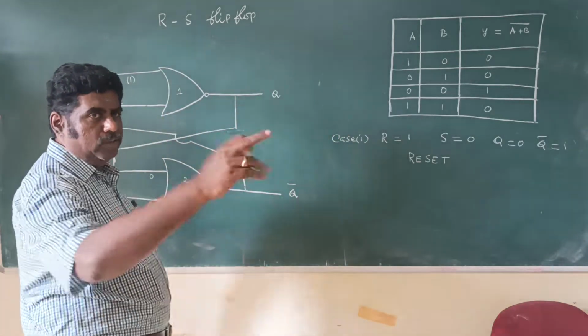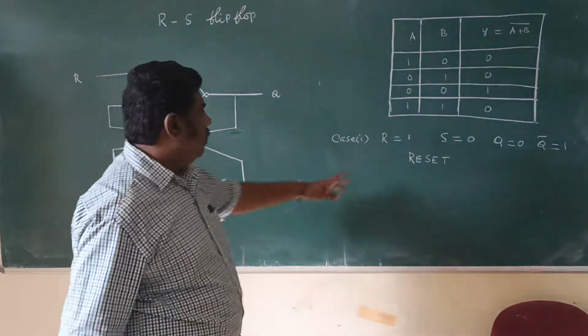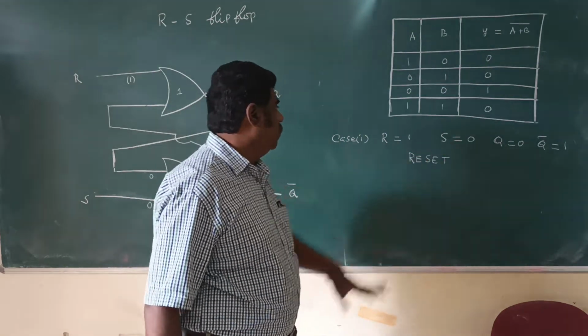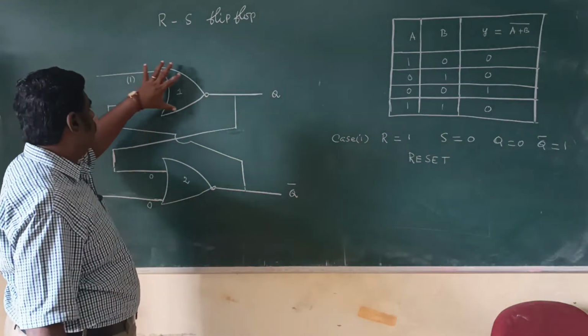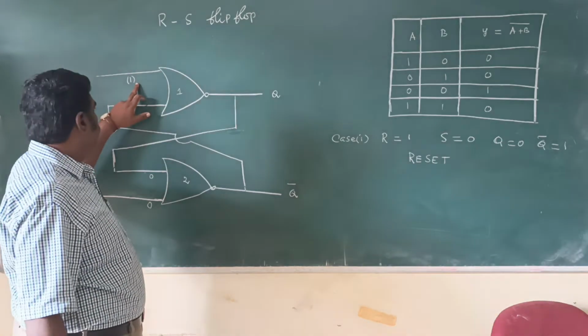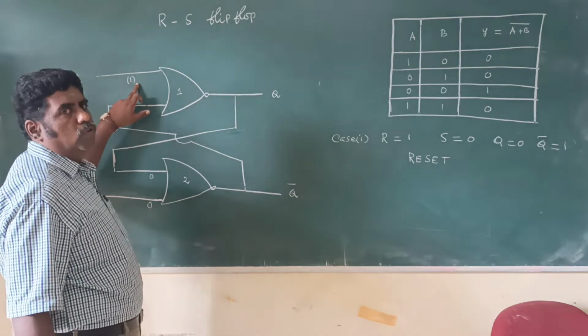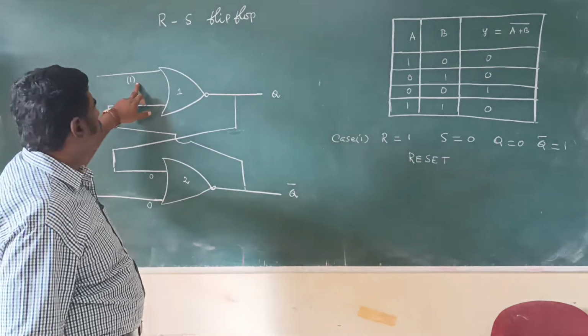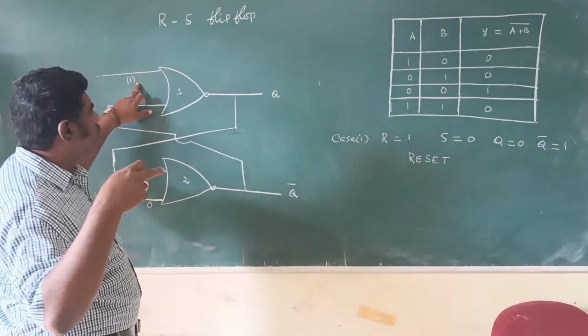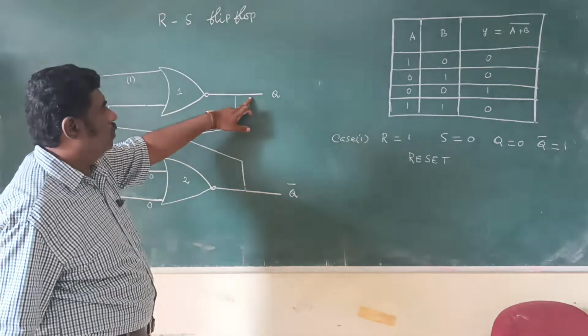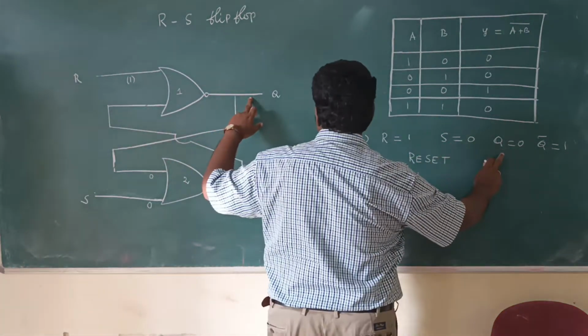Once again, I am repeating this operation. I am giving the value of R equal to 1, S equal to 0. Take this first NOR gate, R equal to 1. If R equal to 1, we have to use our NOR logic. If any one of the inputs given to a NOR gate is high, output is low. So the value of Q is 0.